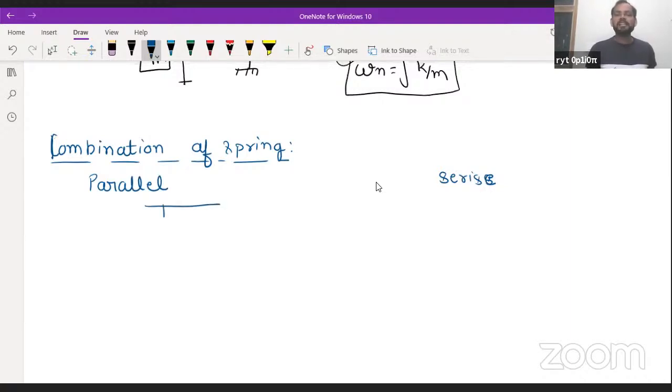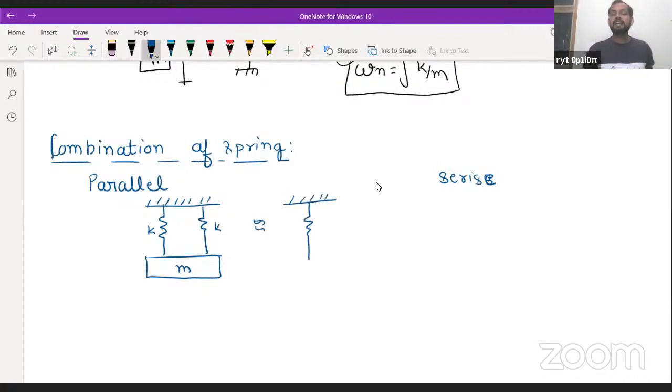Whenever the springs are arranged like this, how can you calculate the natural frequency of the system? As you know, you can easily convert these two parallel springs into a single spring whose stiffness is nothing but K equivalent. How can you calculate it? Because you have already studied this concept in strength of material.